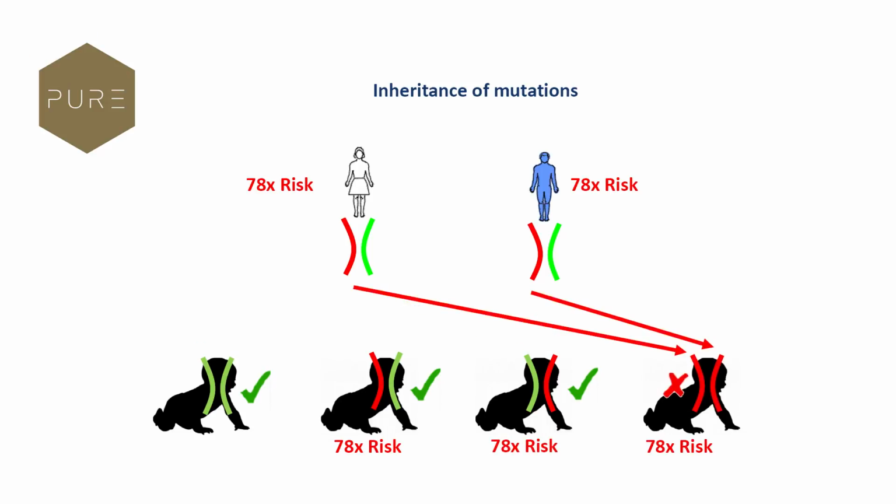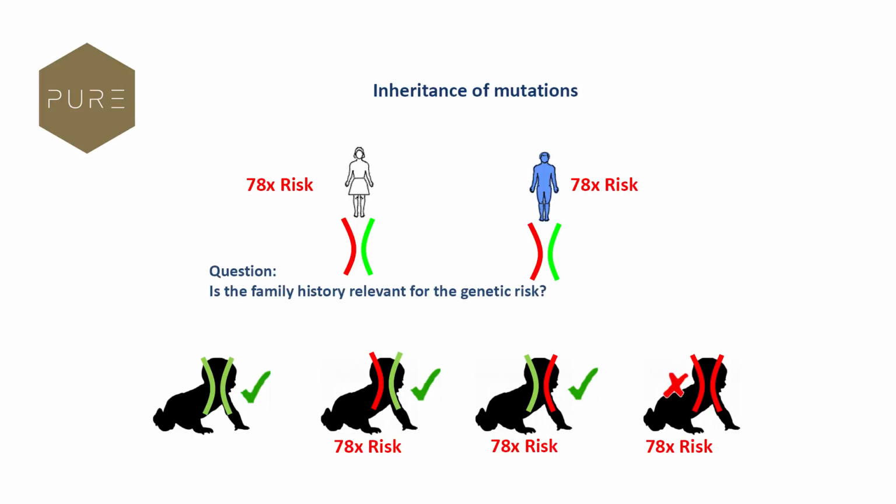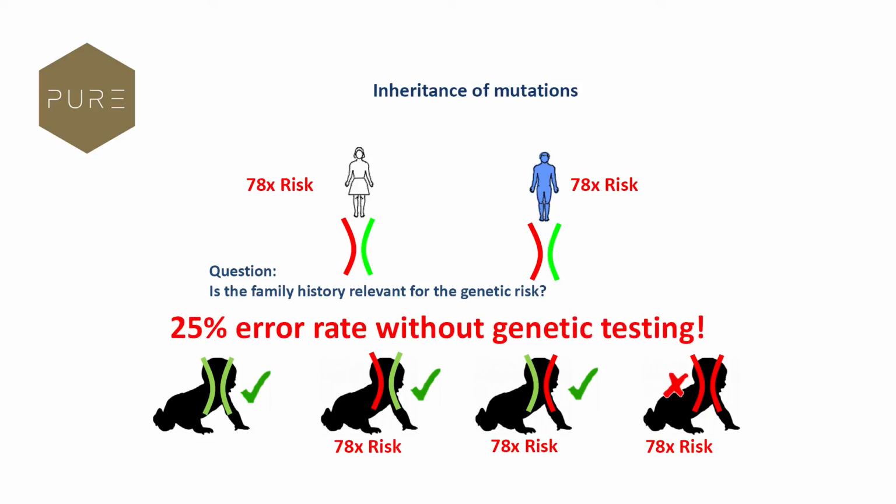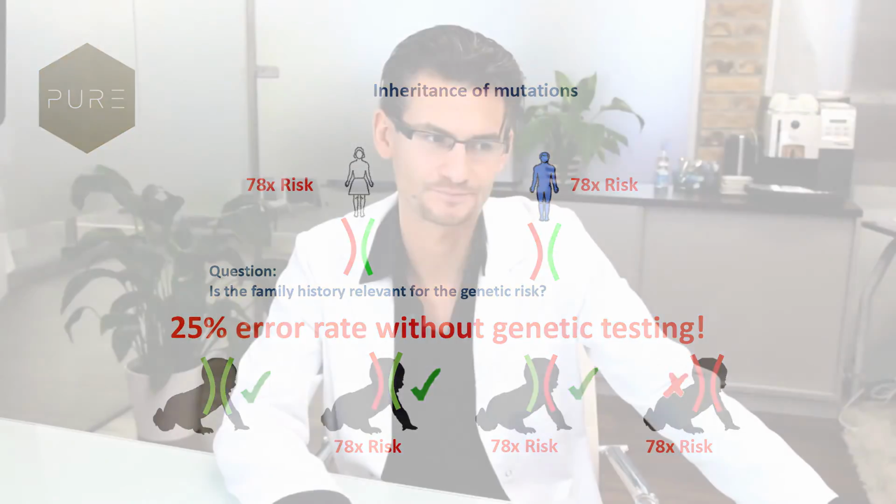So really, having more of the same genetic mutation does not make your risk higher. And this is dominant inheritance. So one genetic variation is enough for you to get the full risk. And again, you get a 25% error rate when you look at the family history compared to a genetic test. And that's the end of chapter 15, how genes are inherited.